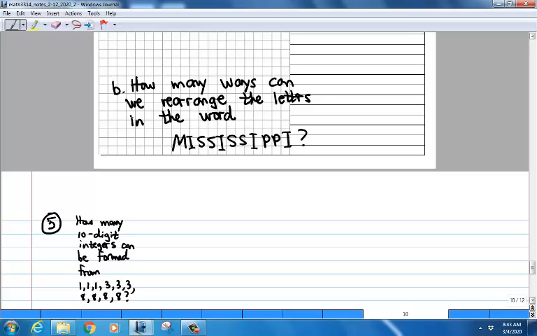What I'm going to partition are not the letters. I'm going to partition the positions in the arrangement. This is a typical exercise in combinatorics. A particular skill in combinatorics is learning to think differently about what you're actually arranging or partitioning.